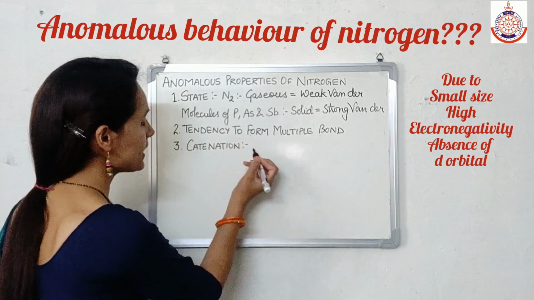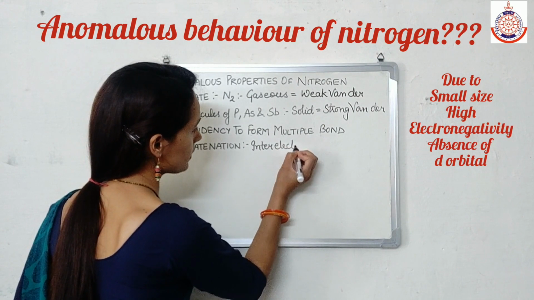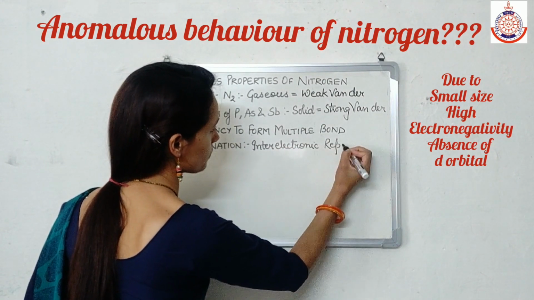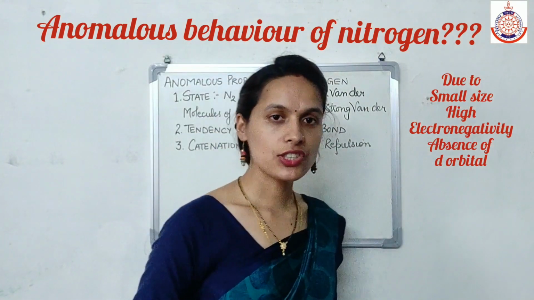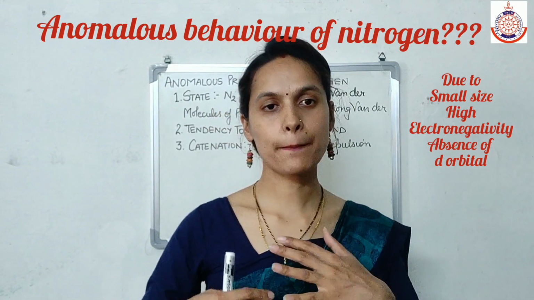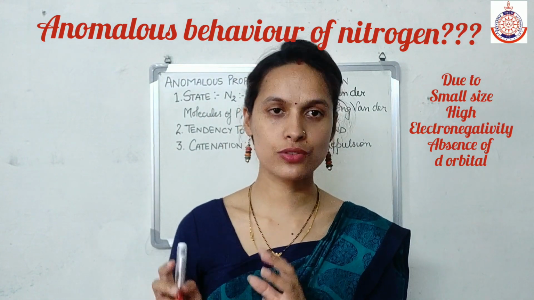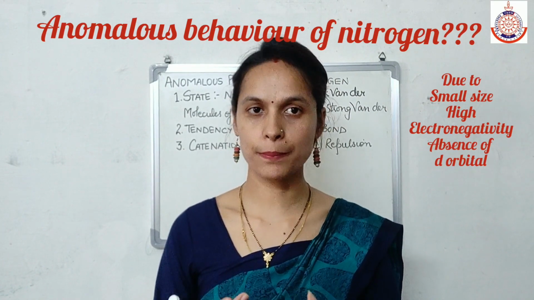Due to inter-electronic repulsion, the catenation property of nitrogen is very less, means it can combine with its molecule only up to number 3, means only 3 atoms of nitrogen can combine to form a compound.